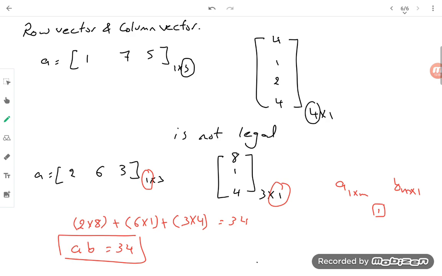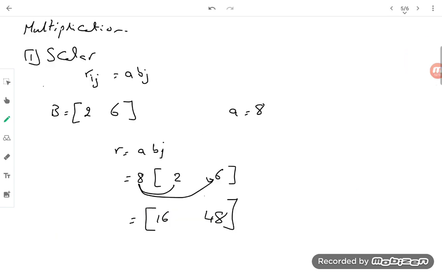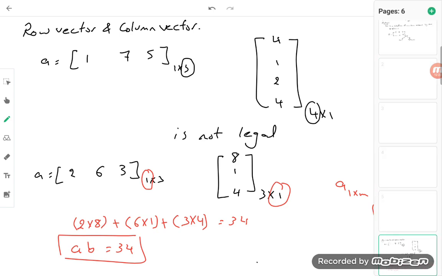What about multiplication of matrix? This is A, which is 2 by 2 matrix, and this is B, which is 2 by 2 matrix.